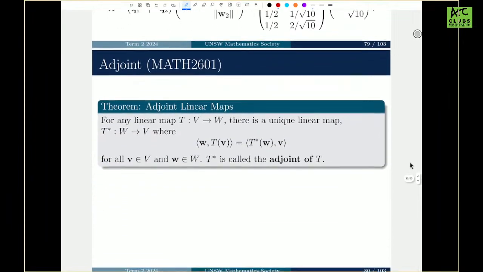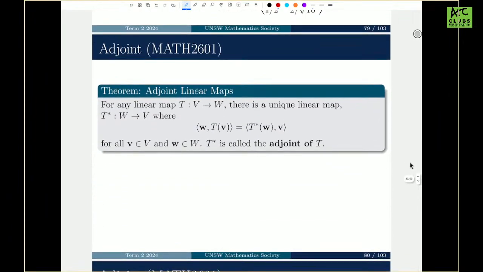So we're going to look at adjoints. An adjoint is a special kind of linear map. So suppose you take any linear map that goes from V to W. There's a unique linear map, and we call this the adjoint, T star, right?